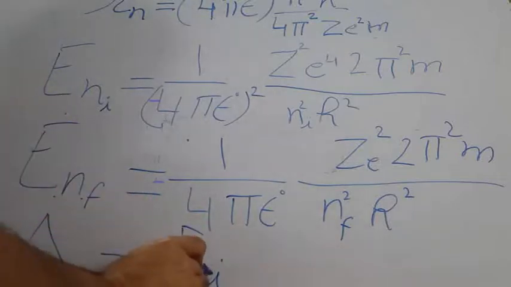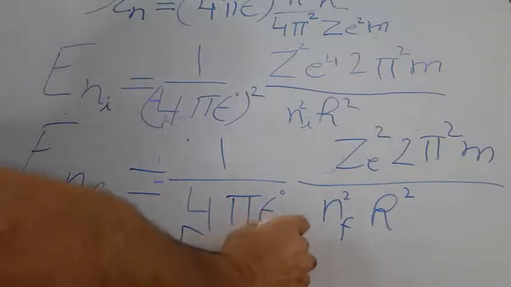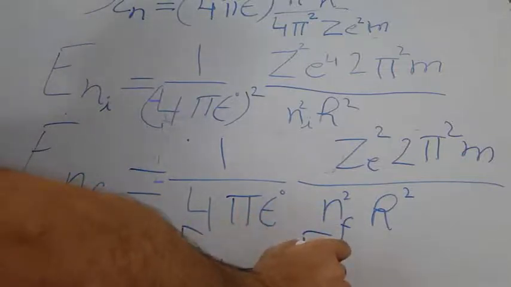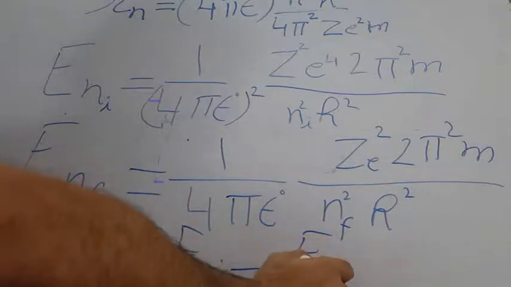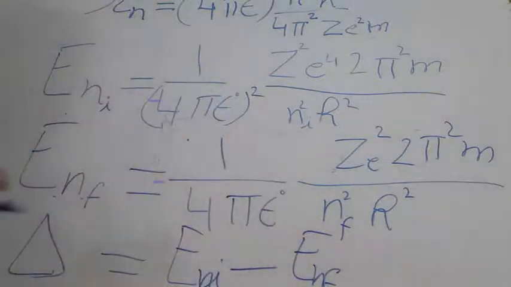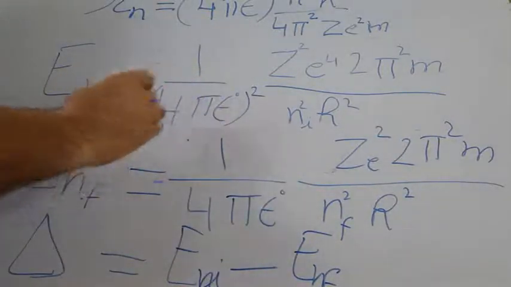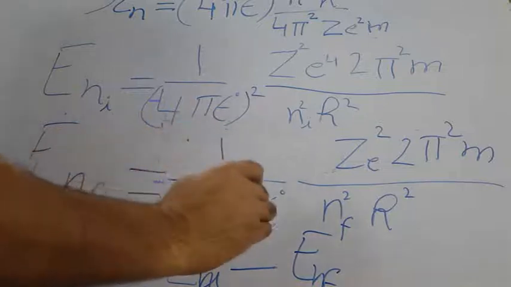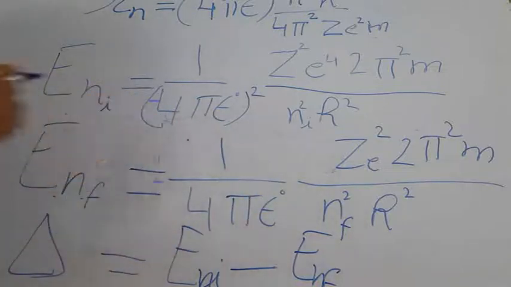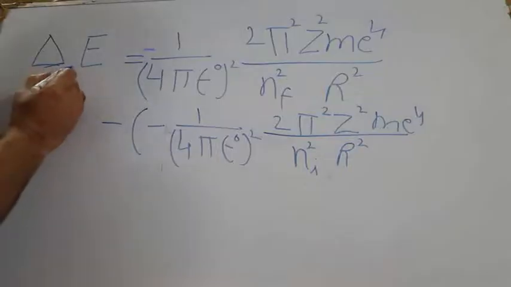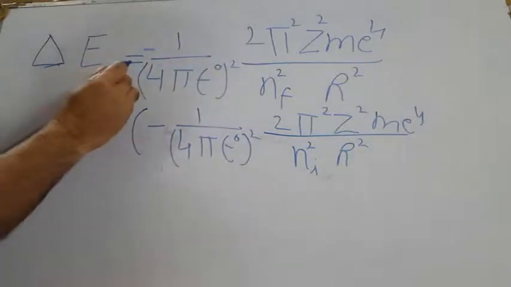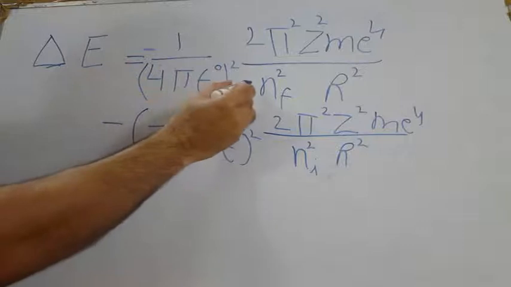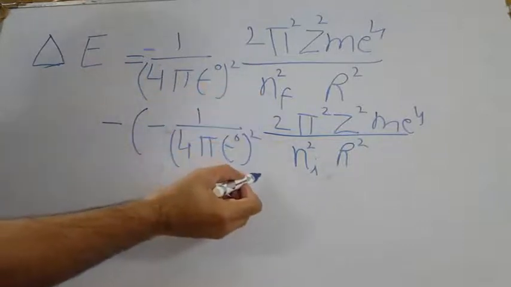Initial minus the final. If we subtract from initial to final, then we can get delta E by subtracting the value of E final and E initial.